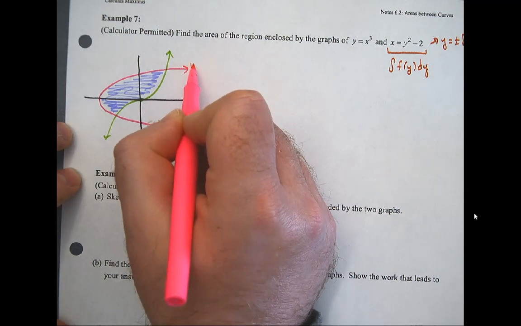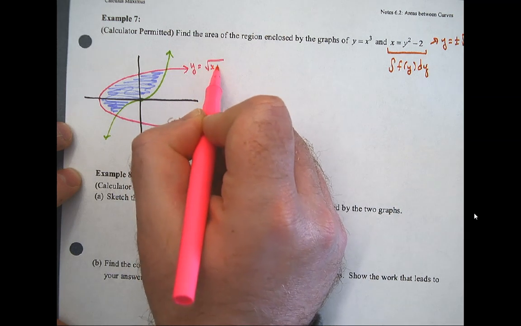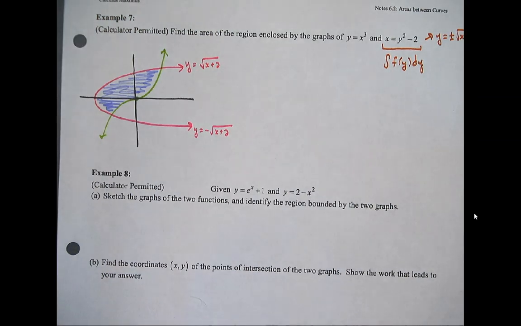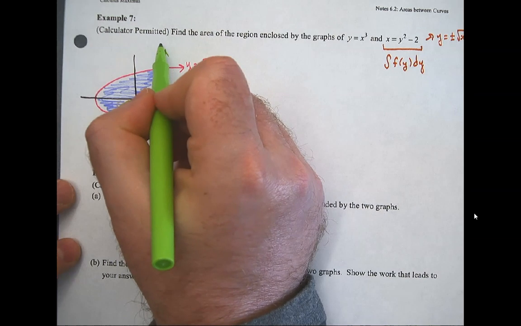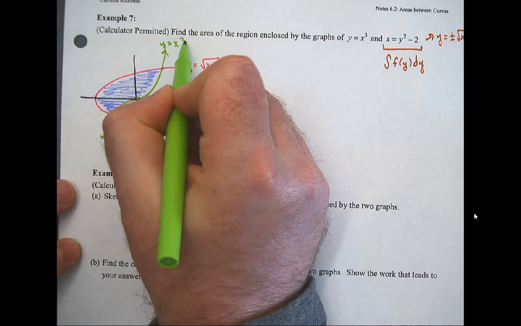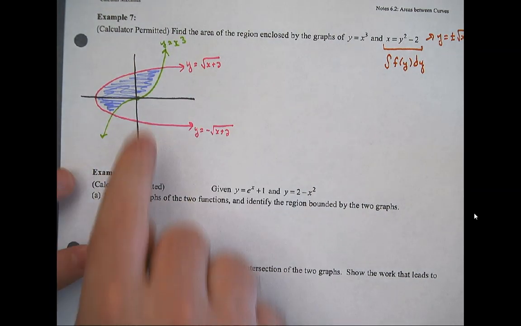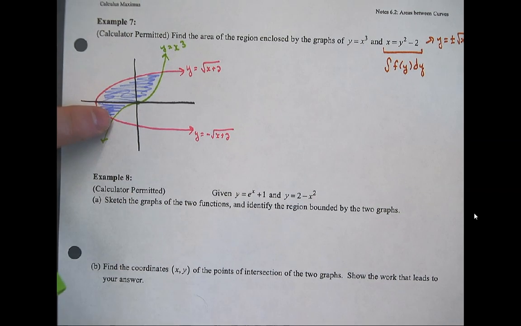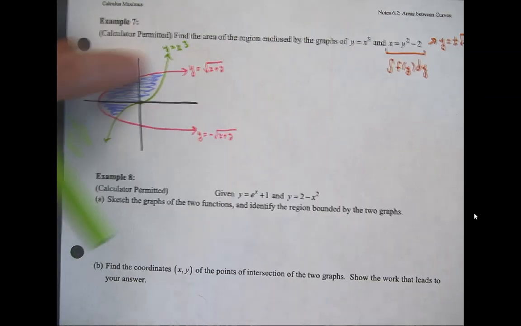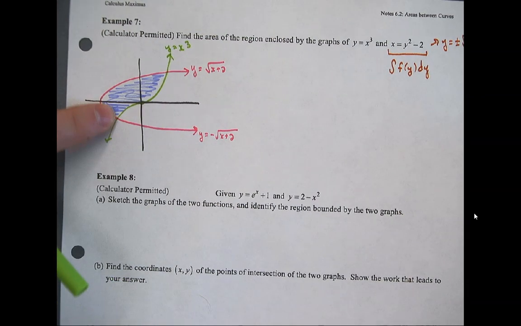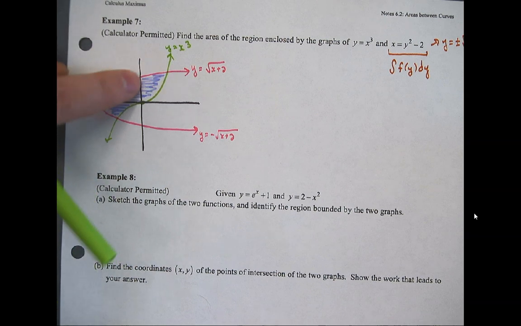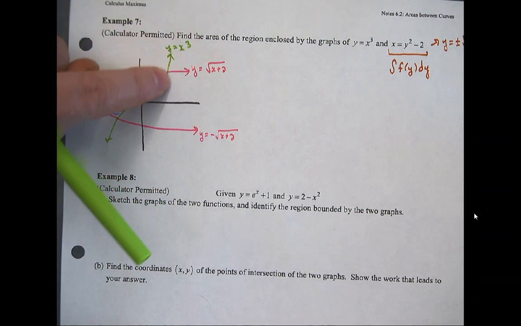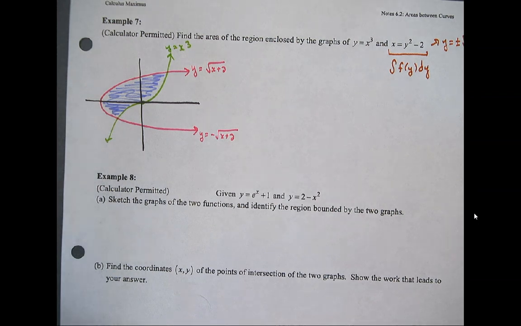This is the graph of y equals positive square root of x plus 2. And then this is the graph of y equals x cubed. So if you wanted to go in the x direction, you'd have to figure out who's the upper and who's the lower. Your first region would be here: the upper would be this function minus the lower would be this. Then the next section would go from here all the way to there, and this is the upper and this is the lower.